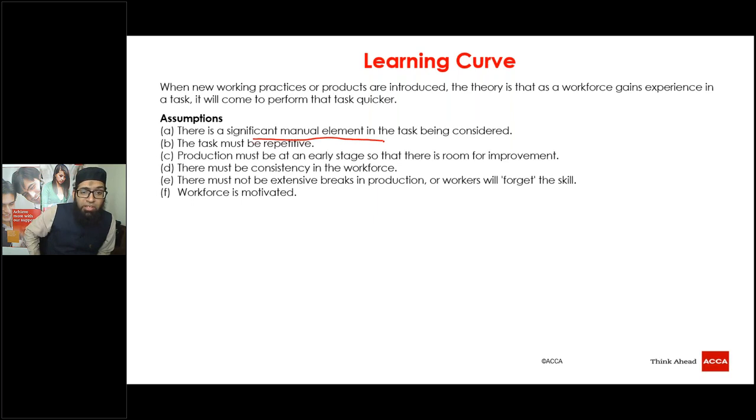There must not be extensive breaks in production or workers will forget their skills. And finally, the workforce is motivated, because they will only learn when they are motivated. If they are demotivated, they won't learn and they cannot produce the next unit quicker than the earlier one. Okay?